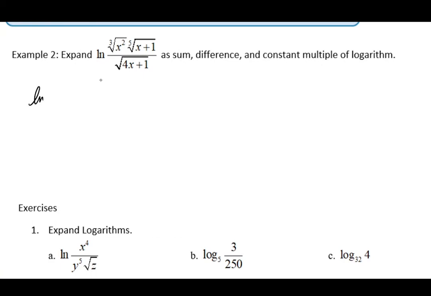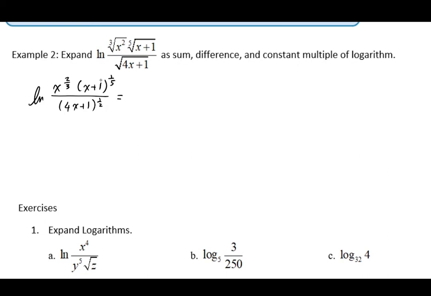That is ln of, hopefully you guys know this is x to the 2/3 power, and the next one is x plus 1 to the 1/5 power over 4x plus 1 to the 1/2 power. Okay, and ln base e again.